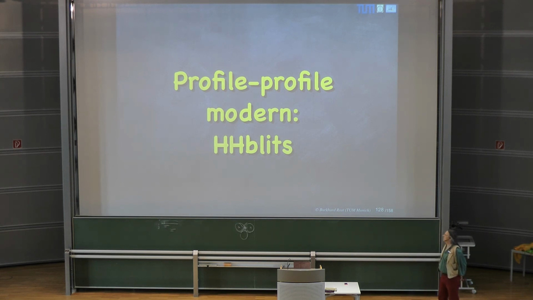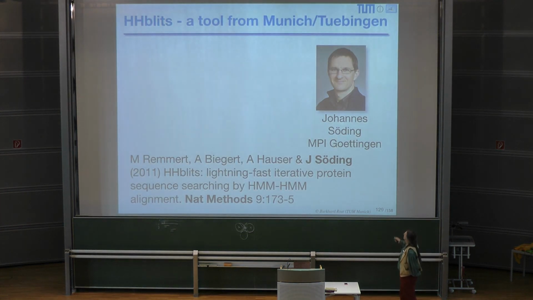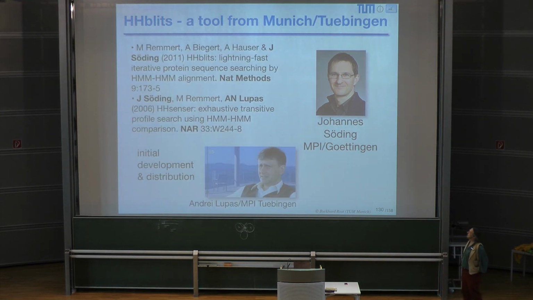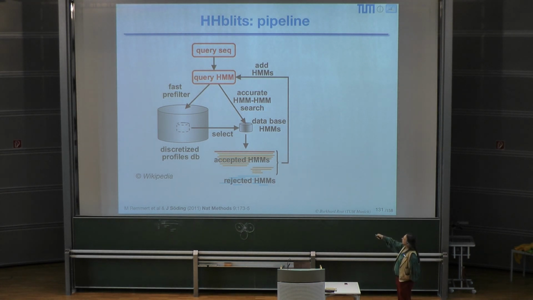A similar idea is used by HHblits. It's a modern work from Johannes Söding, who's now at the Max Planck Institute in Göttingen. This is the publication for it. And in fact, originally that was a development also done by Andrei Lupas in Tübingen. You start with a query, you build an HMM, you do a fast pre-filter, and then you do the comparison against the pre-filtered set.